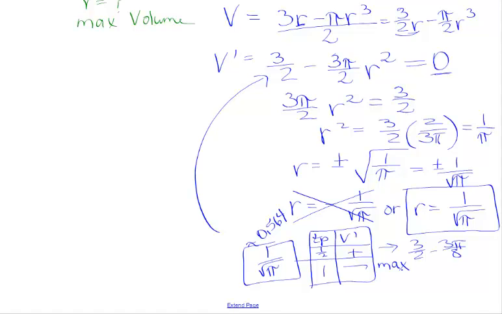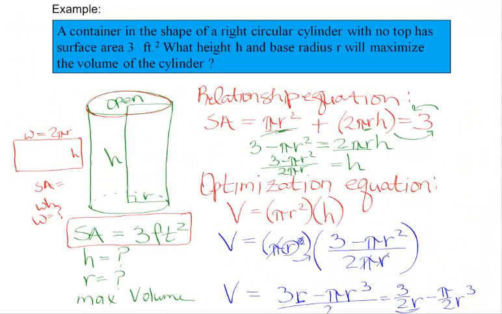Let's have the endpoint discussion really quickly. I'm looking for volume. The smallest r could be is 0. Look at my volume function. If r is 0, do I have volume?